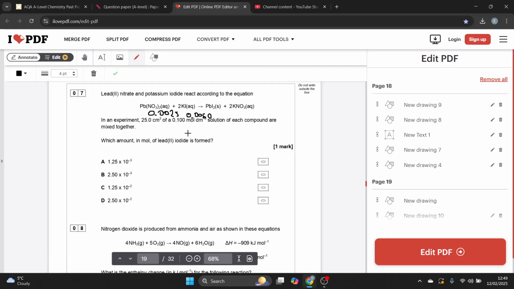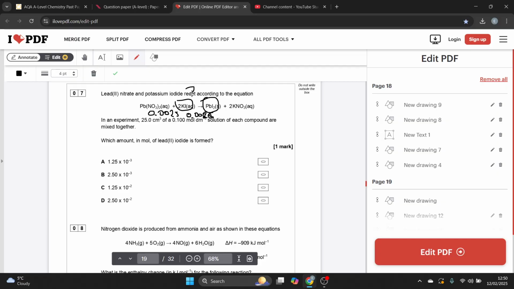Right, I want to see the amount of lead 2 iodide formed. Because I've got 0.0025 of this as well, I want to find the amount of lead 2 iodide formed.